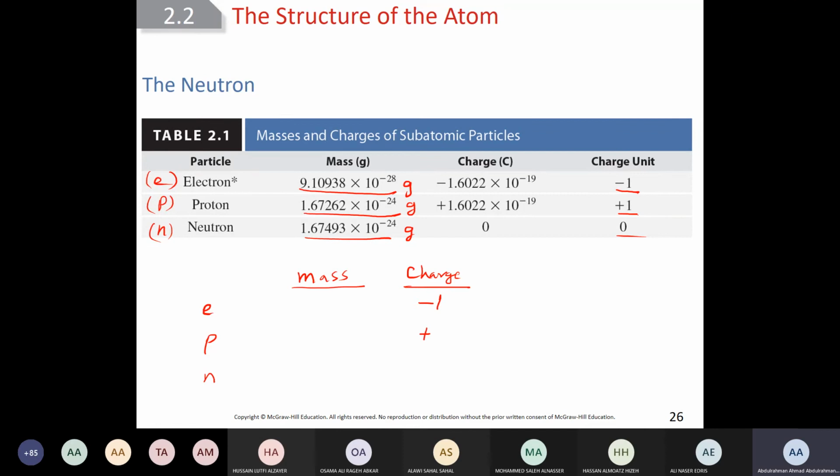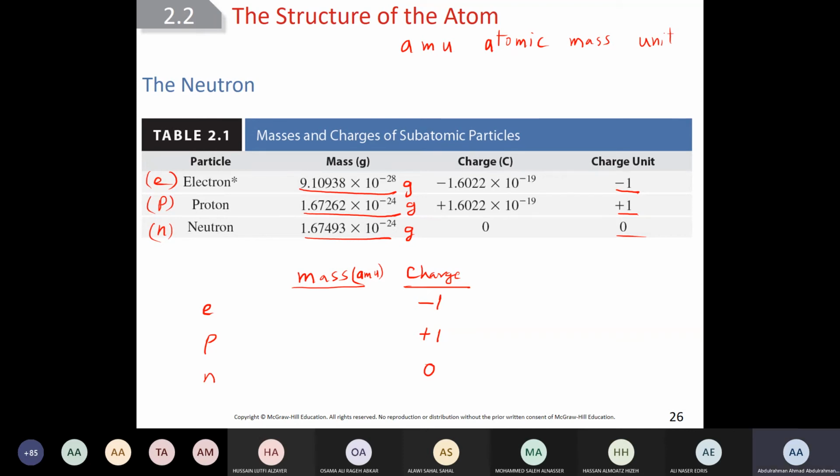Plus 1. And for neutron? 0. No charge. Okay. For the mass, I will use another unit, which is called AMU. What does AMU stand for? Atomic mass unit.